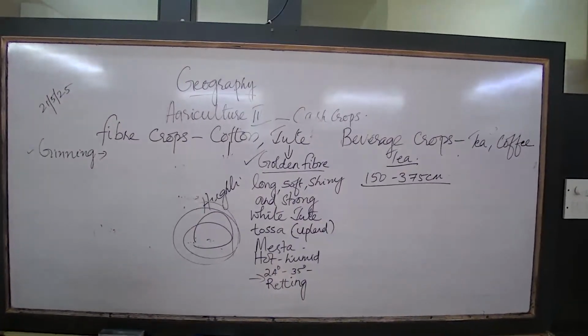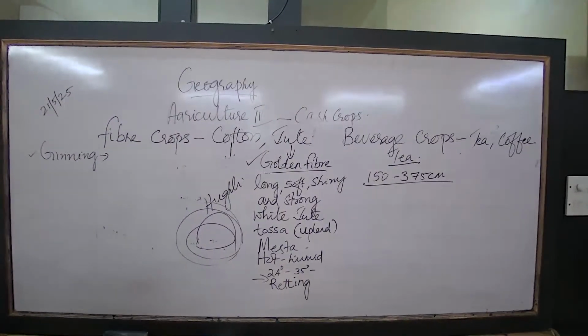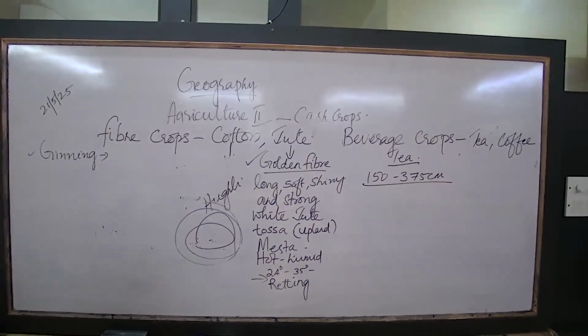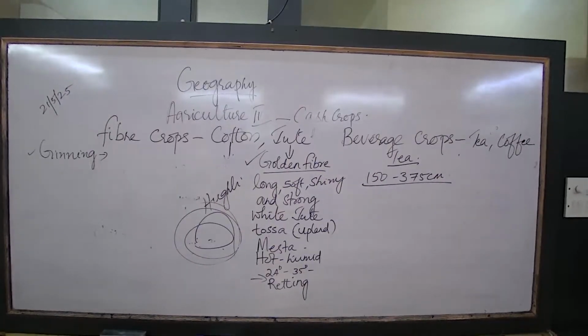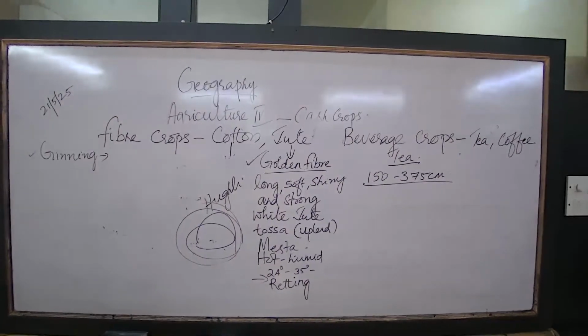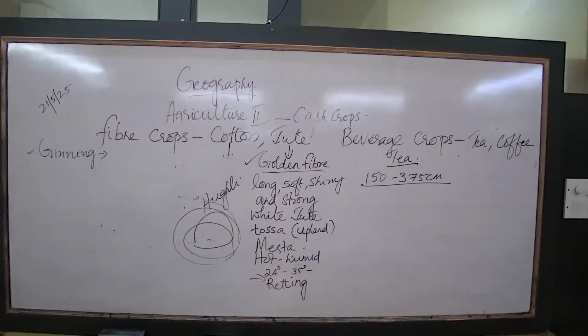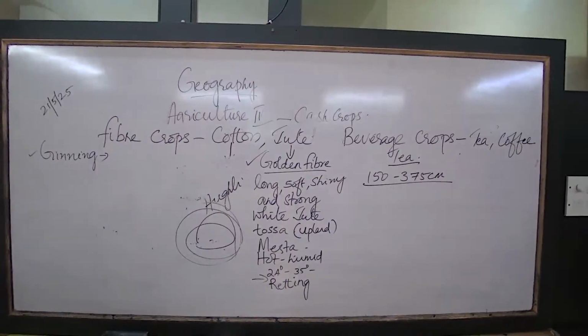Varieties of coffee. The varieties of coffee grown in India are the following. First, coffee robusta. It is grown at lower elevations between 300 to 610 meters, in districts of South India where coffee arabica does not thrive well. It is also more hardy but yields poorer quality coffee.